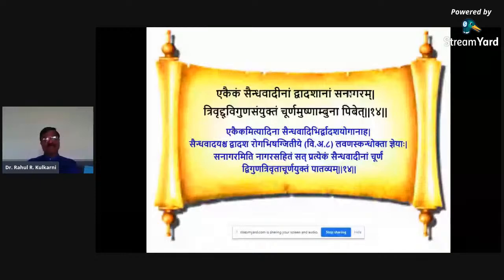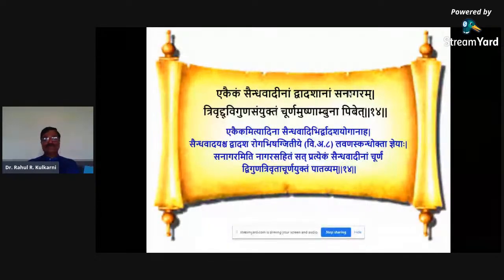Then here he explains about lavana kalpas. So this virechaka kalpas where the lavana is used as a pradhana sahaya dravya: ekayikam saindavadinam dvadashanam sa nagaram.